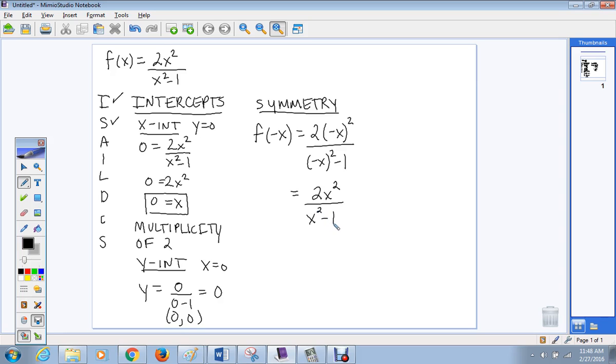And you can refer back to the sheet that I displayed in the first part of this video for symmetry. That explains what happened in that step. Now this does equal our f of x.